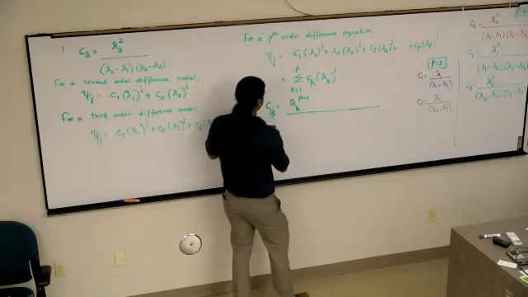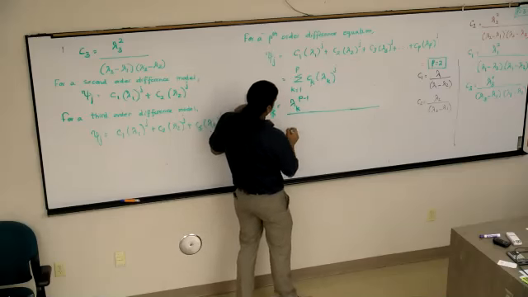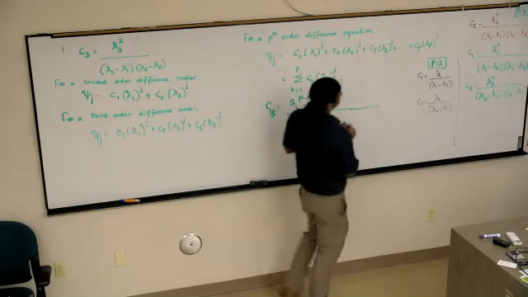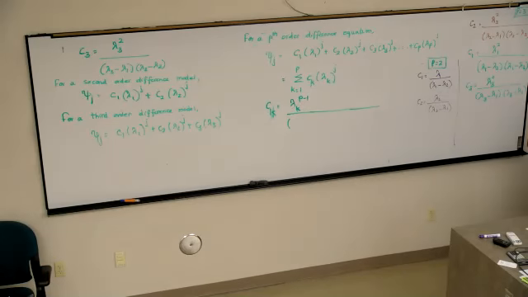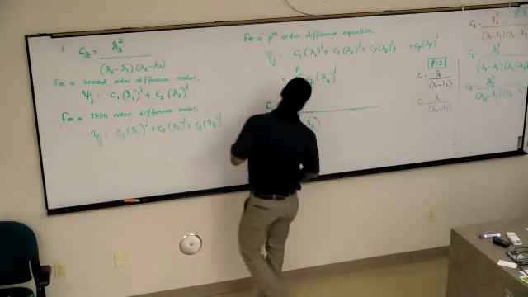Let me write it this way, using that K notation. It's lambda K. We start with C1.